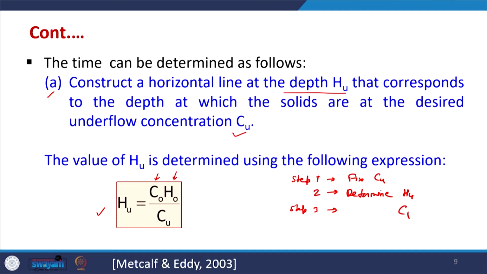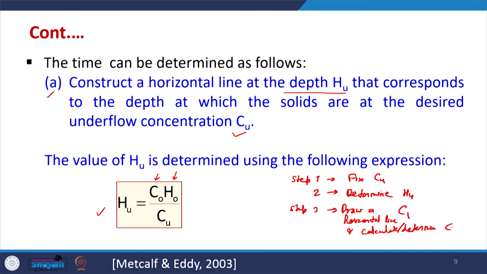So, we determine C1 by drawing a horizontal line. So, draw a horizontal line and determine the C1 value.